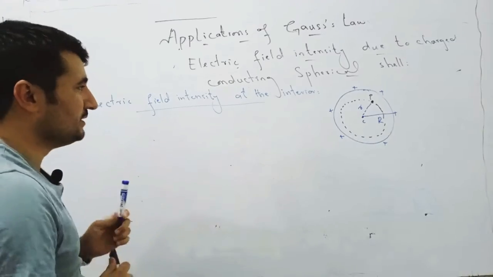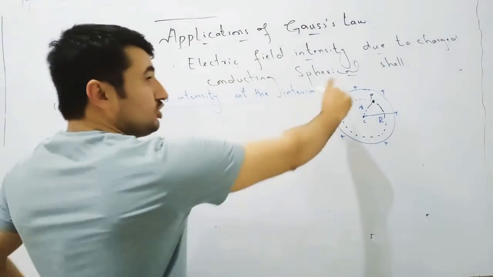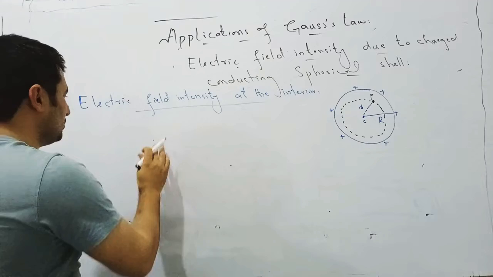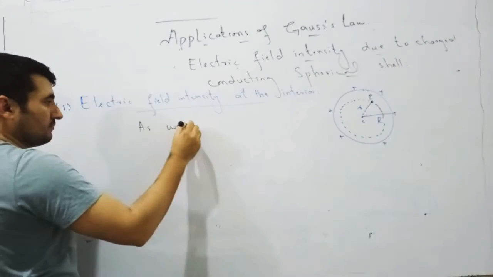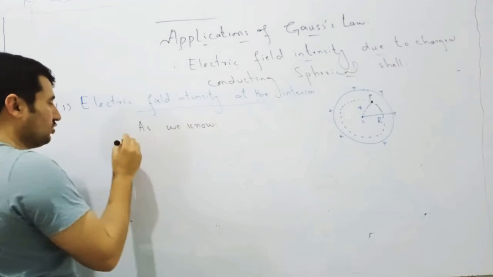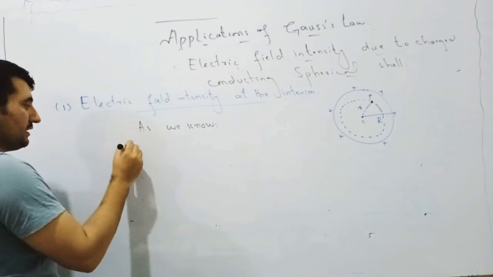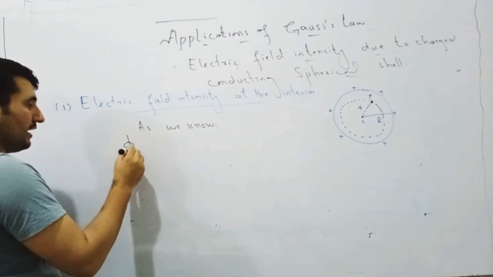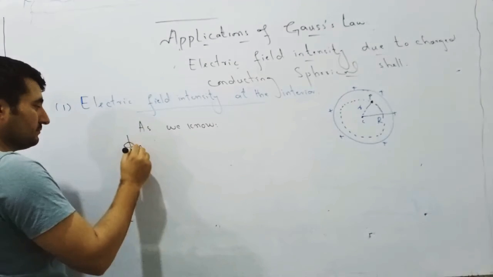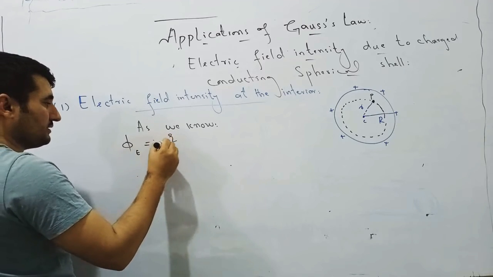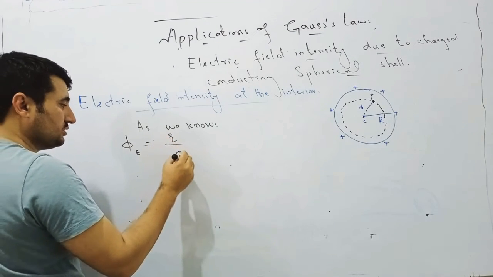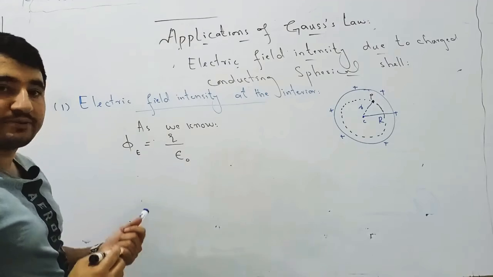It's very simple. We consider a Gaussian surface in this. As we know in Gauss's law, the electric flux through any closed surface is equal to the charge enclosed per epsilon naught.